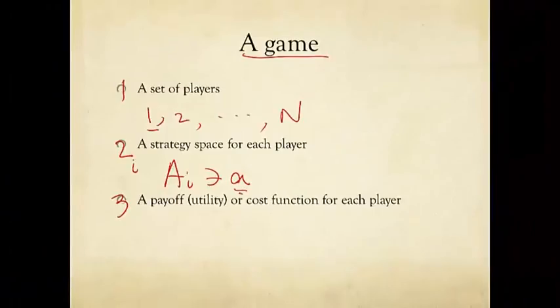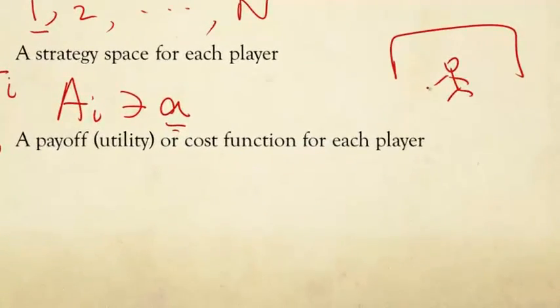For example, in soccer, if I have a goal here and a goalkeeper, and the goalkeeper is thinking, should I go left, should I go right to catch the ball, that would be a strategy set with two strategies. And then there will be a payoff function.